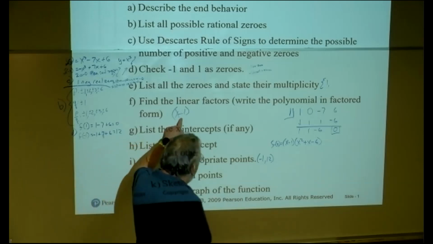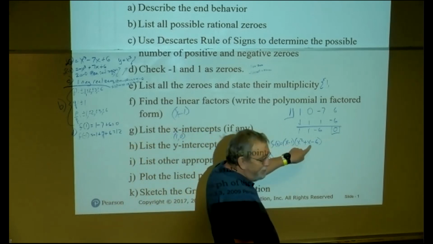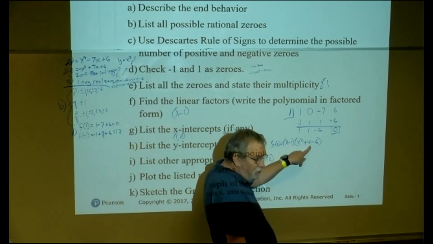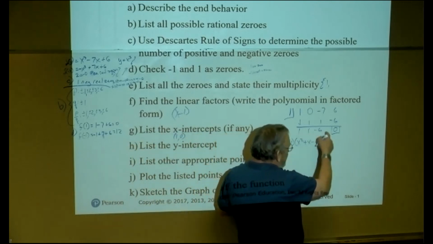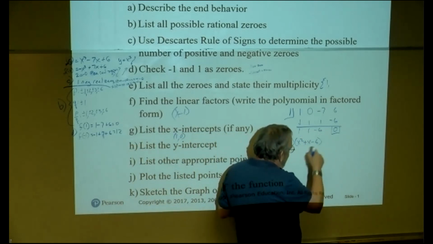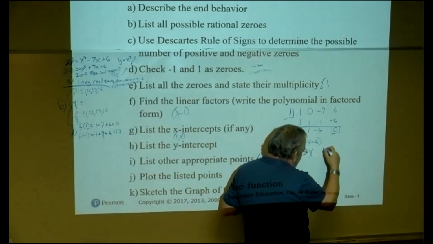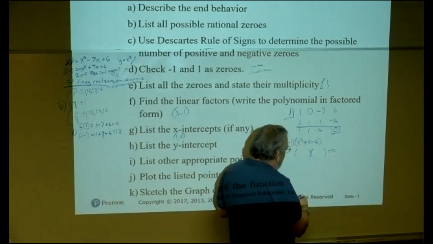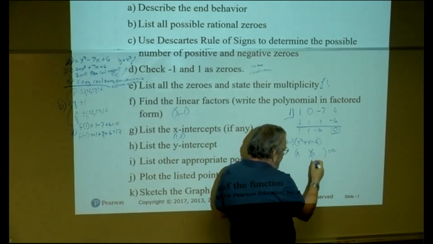I already got the zero off of x minus 1. Now I need to get a zero off of this quadratic, the depressed equation. So I set that equal to 0, but first I'm going to factor it. The leading coefficient is 1, so it's going to be an x and an x.